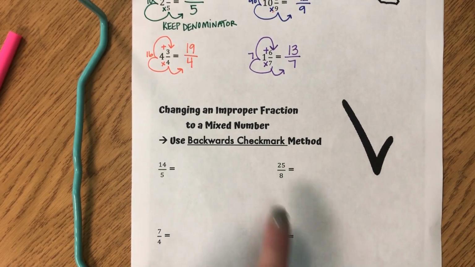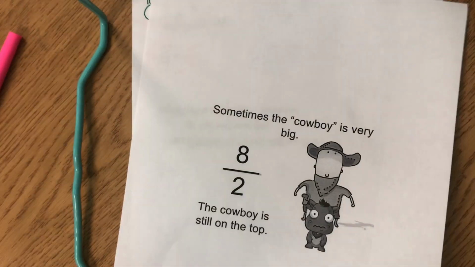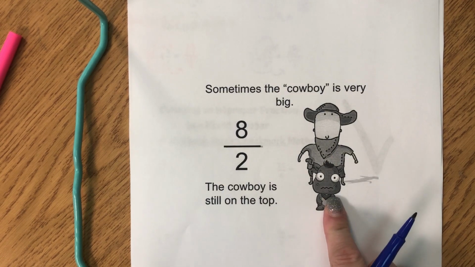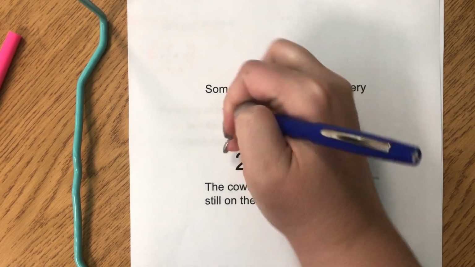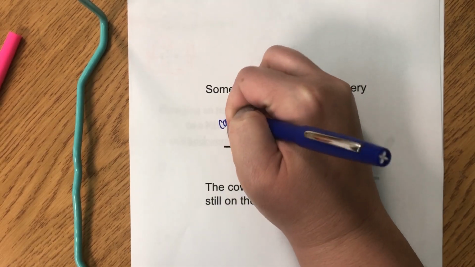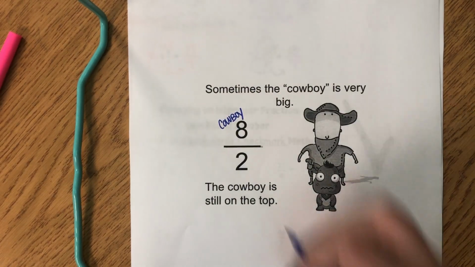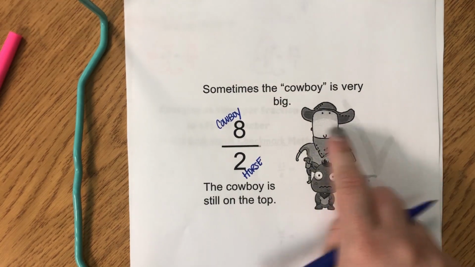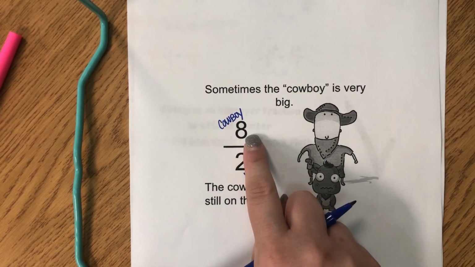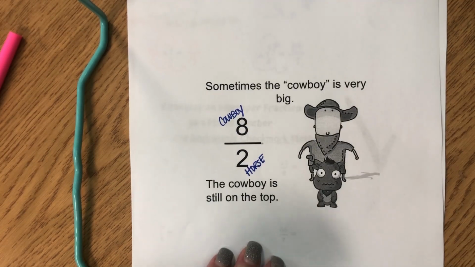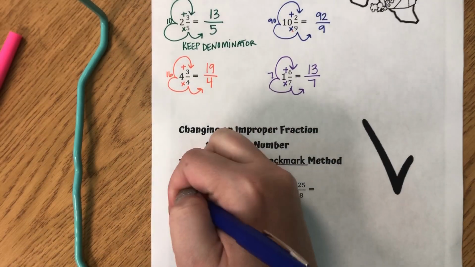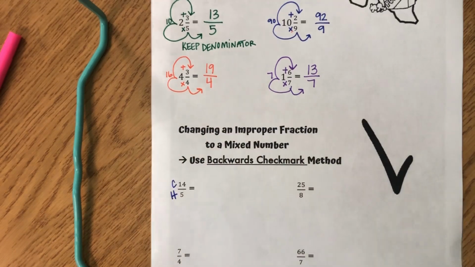Looking at our improper fractions, sometimes the cowboy is going to be bigger than his horse. We still have our cowboy, and he is still riding on top of his horse, but in this case, the cowboy is greater than the horse, and that's called an improper fraction.